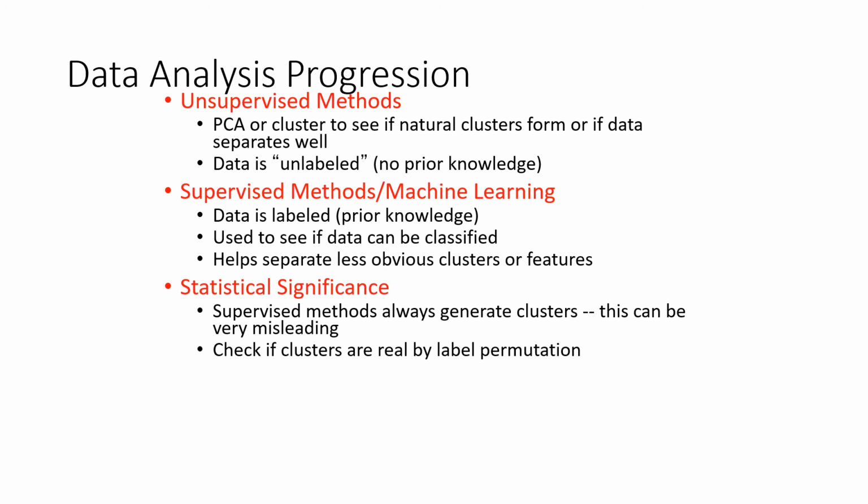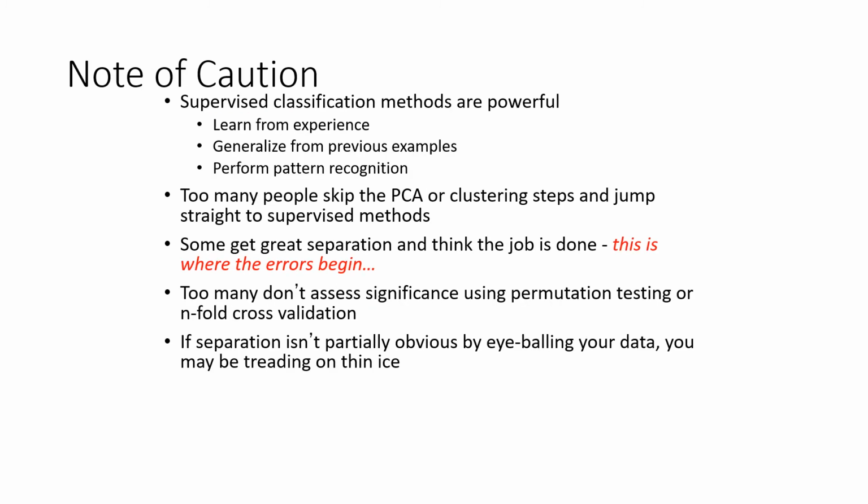You can also start bringing in supervised methods if it's still unclear, if the unsupervised methods are maybe giving you confusing or non-obvious results. With the supervised methods, you have to make sure that they are tested and validated and that they are not overfitting. You can confirm if the clusters that you're seeing and the classifications you're making are real by testing the R-squared or Q-squared or permutation.